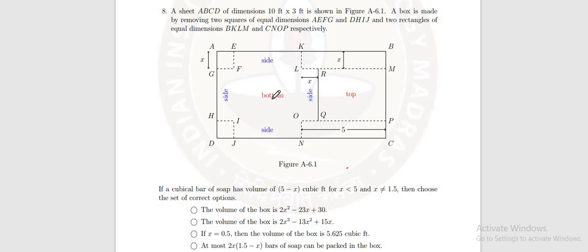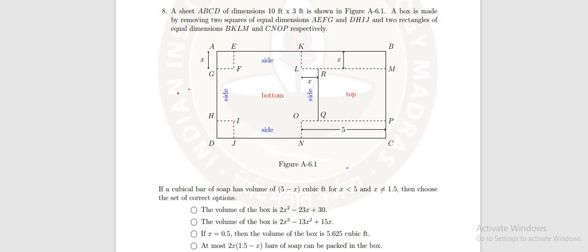So basically it is going to form a cuboid, and if you make a box like this, you will be observing that when you make such cutouts, two squares cut and two rectangles cut out, this is going to take the shape of a box. So let's find out the length, breadth and the height of this box.